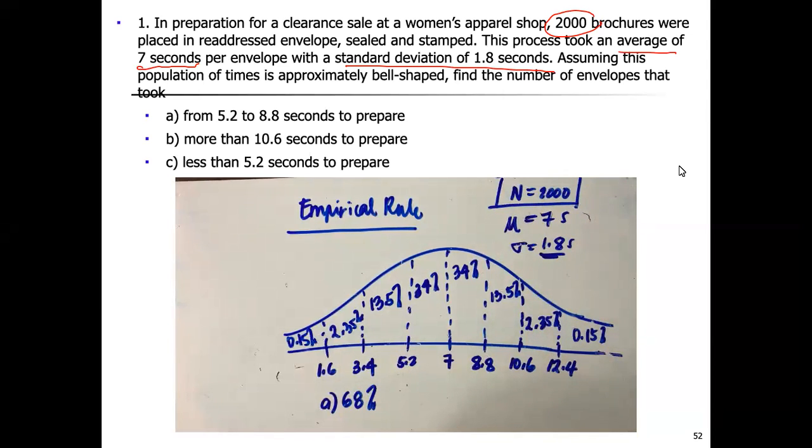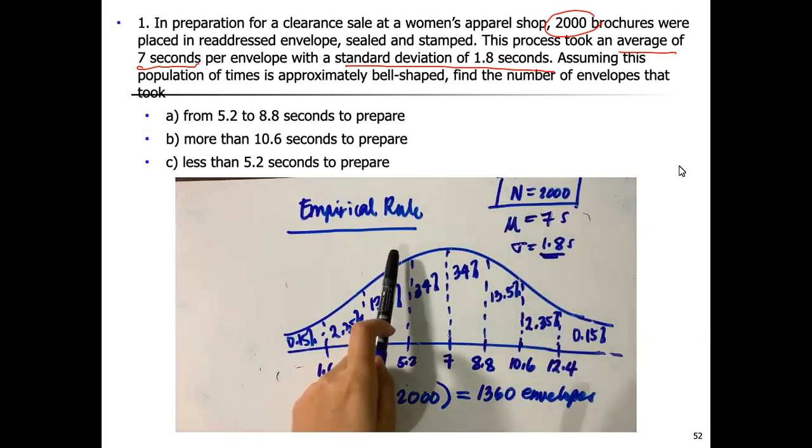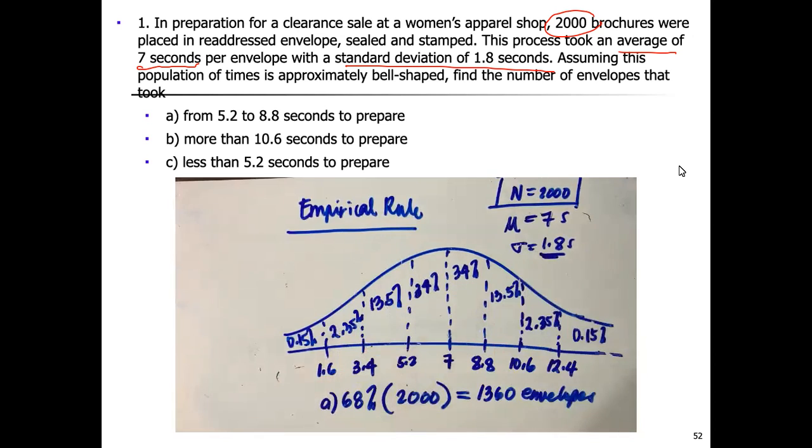We're not yet done, because we are asked for the number of envelopes. So we multiply 2,000 times 0.68, the equivalent in decimal. That will give us 1,360 envelopes processed from 5.2 seconds to 8.8 seconds. I hope that's clear.